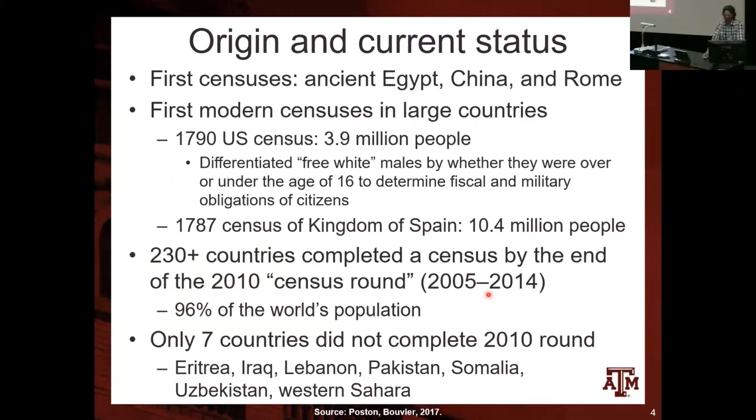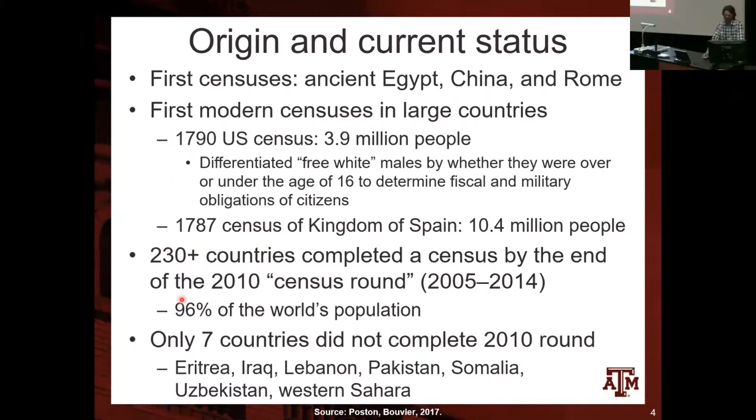Censuses that were completed between 2005 and 2014, more than 230 countries collected data by the end of the 2010 census round. That is estimated to be around 96% of the world's population.